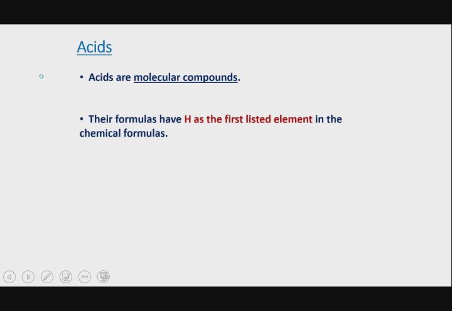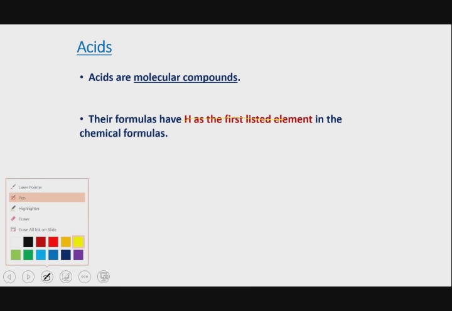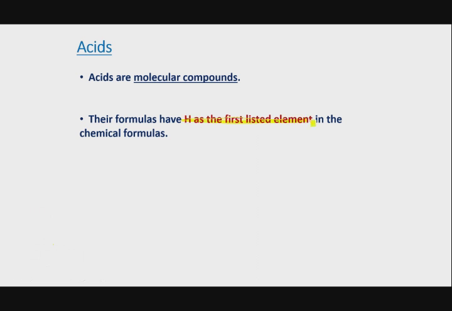An acidic molecular compound, at least in our class, will always have an H as the first listed element in the chemical formula. For example, if we write a chemical formula such as this, is this an acid? No, this is a molecular compound, but not an acid.